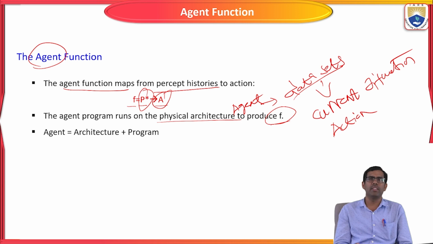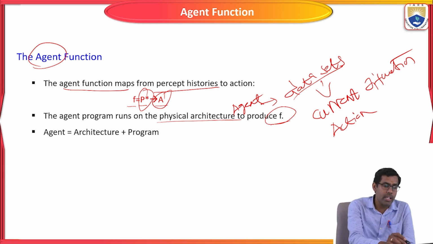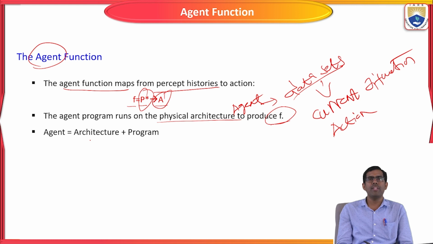That is, a particular action on the environment through a certain actuator. So a particular agent program runs on a particular physical architecture. We have a platform to make actions to produce the agent function.